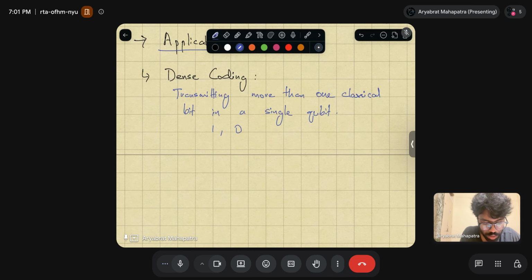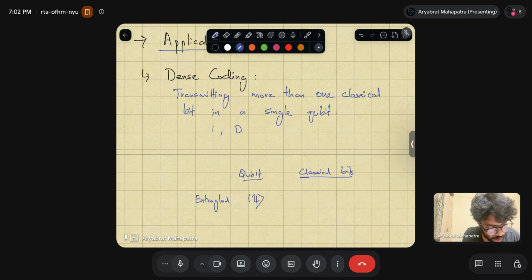So if I have an entangled state, let's say psi, if I have a qubit, and these are classical bits.